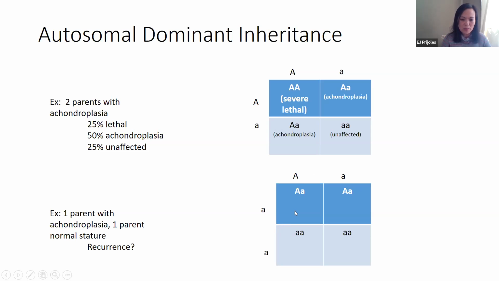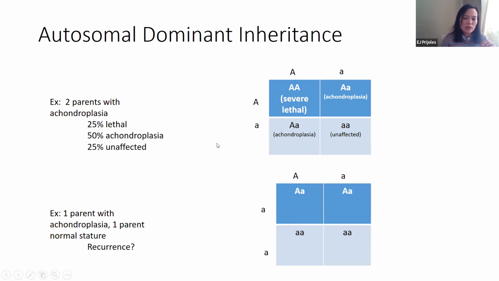And remember the combinations, individuals can be either affected, carrying one big A and one little a here and here, or two little a's. So in this scenario where one parent has achondroplasia and the other has normal stature, recurrence would be 50%, and then there would be a 50% chance of their children not being affected with each pregnancy.